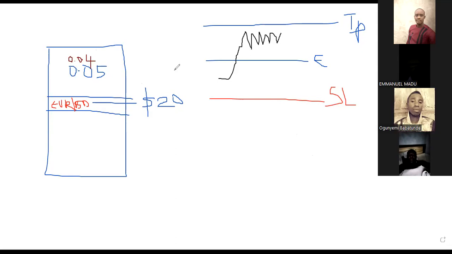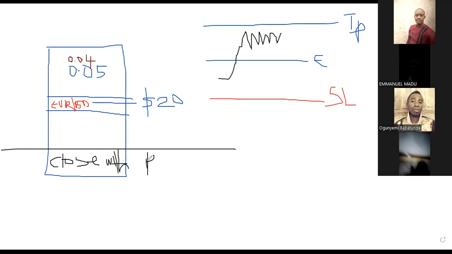Once I click on that, once I change that lot size to 0.04, at the bottom, I will see something like close with profit.